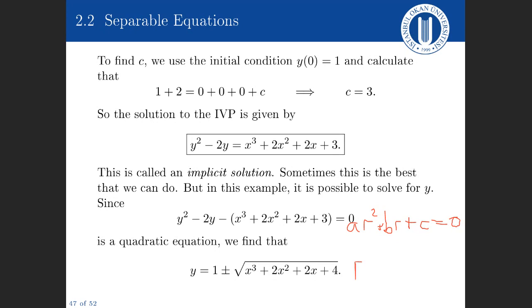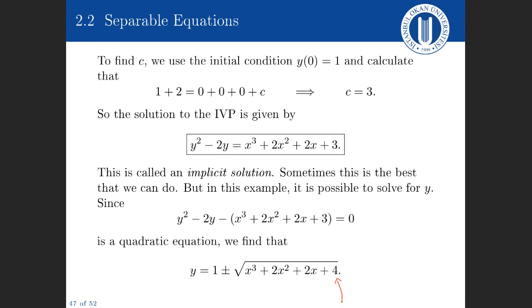We know that r is minus b plus or minus the square root of b squared minus 4ac, divided by 2a. So we know that y must be 1 plus or minus the square root of x cubed plus 2x squared plus 2x plus 4.